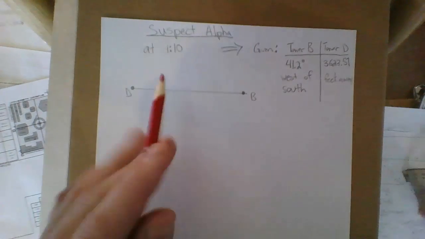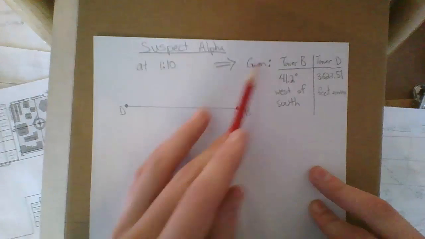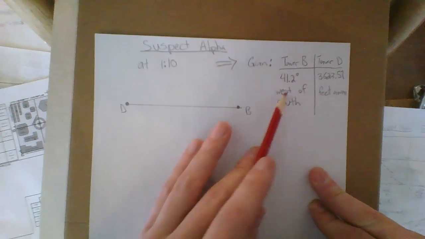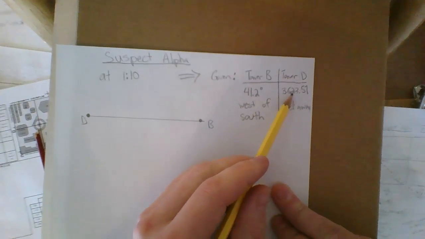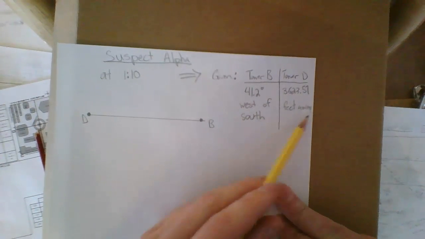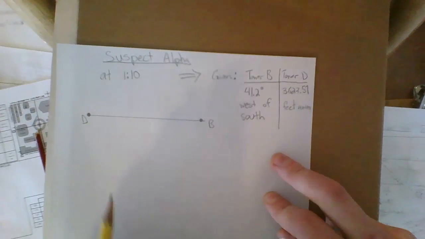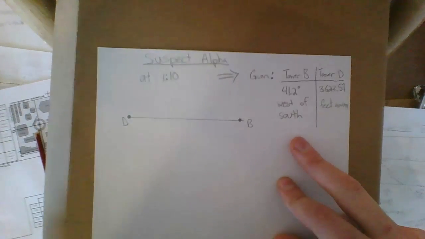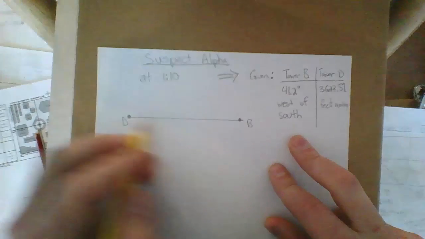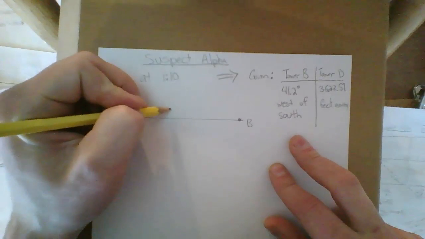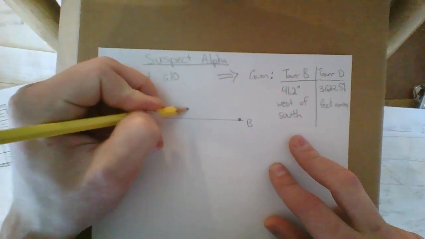So for suspect alpha at 1:10, we're given tower B 41.2 degrees west of south, and 3,623.57 feet away from tower D. We are given in every single question the distance between the towers, which in this case is 4,000 feet.